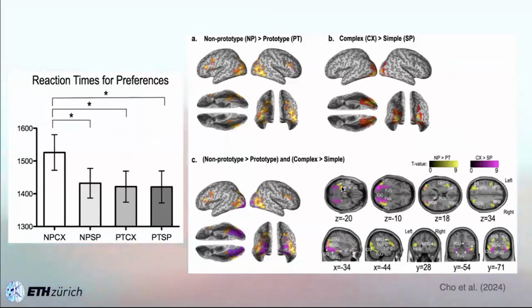I won't get into great detail here, but the fact that they're able to pull apart these brain responses for both typicality and complexity suggests that preferences are shaped by a really complex landscape, and we can't pin it down to one feature in particular. There's a complex interaction.